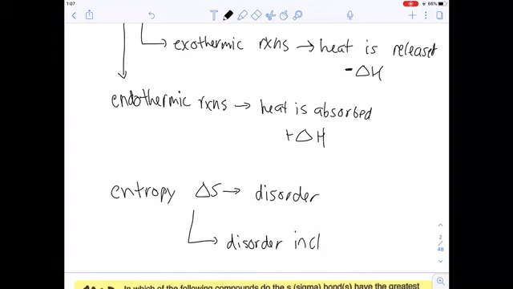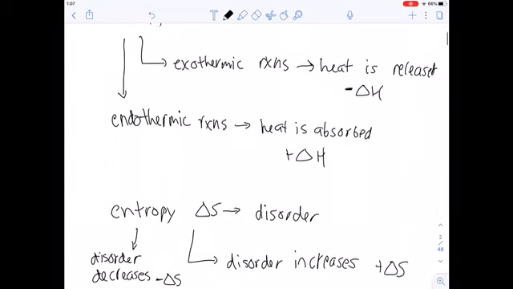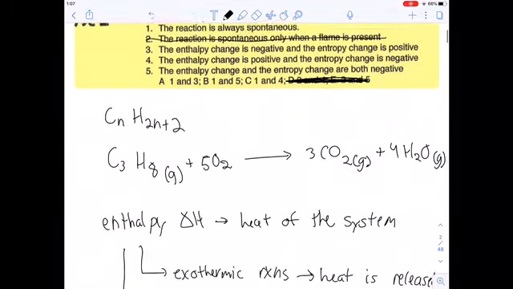If your disorder increases, you're going to have a positive delta S. And if your disorder decreases, you're going to have a negative delta S.